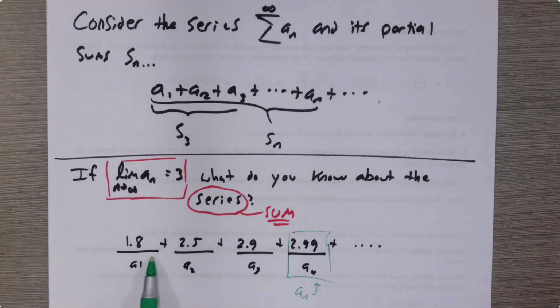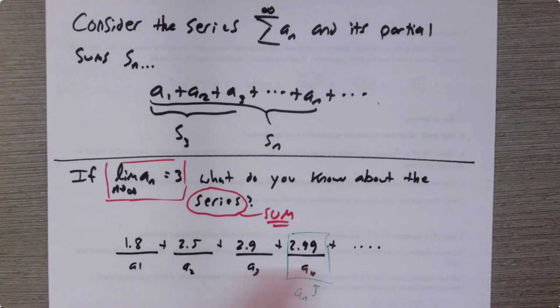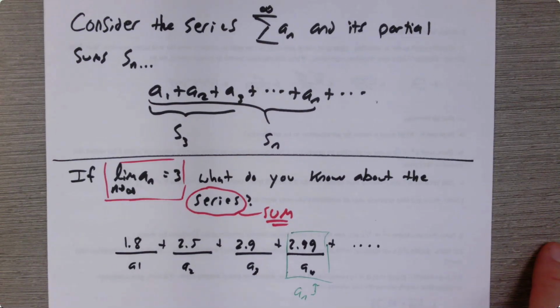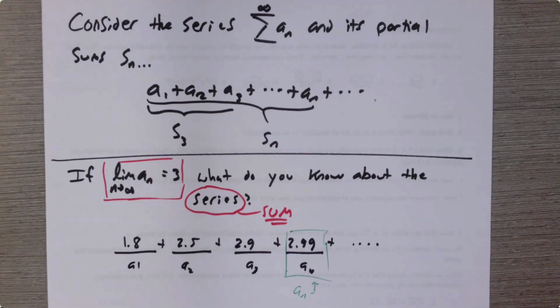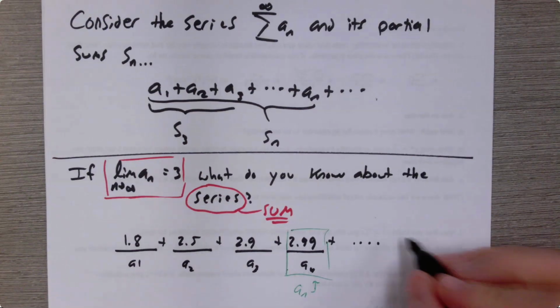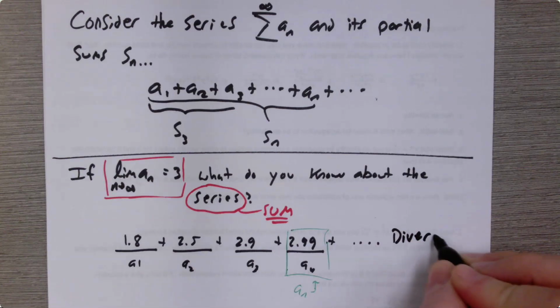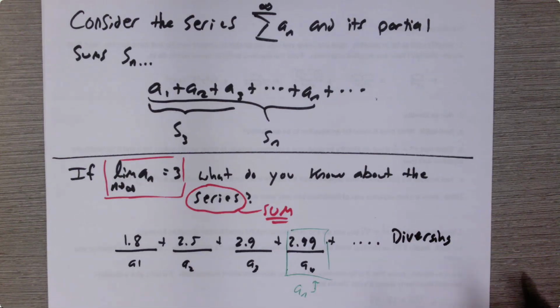So here I'm imagining what happens if I add an infinite number of things, but once you go far enough in the series, all the things are extremely close to 3. That's almost like saying let's add an infinite number of 3s. And clearly if I'm adding an infinite number of 3s, what's happening is the entire series is diverging because it's going towards infinity.